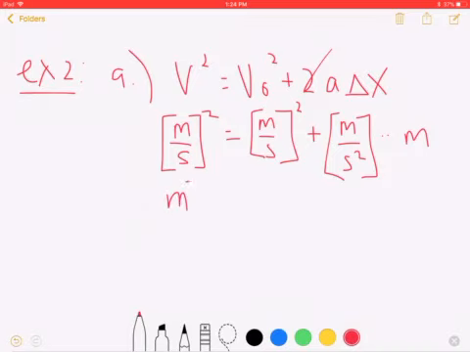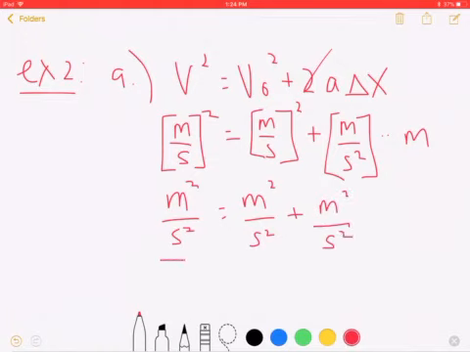So let's simplify. We have meters squared over seconds squared is equal to meters squared over seconds squared plus, what happens here? We get meters squared over seconds squared. So the dimensions, or the units, on the left side of our equal sign compared to the right side of our equal sign are exactly the same.